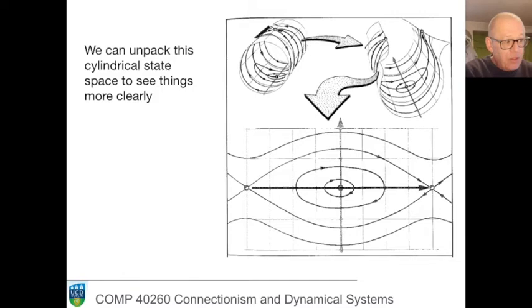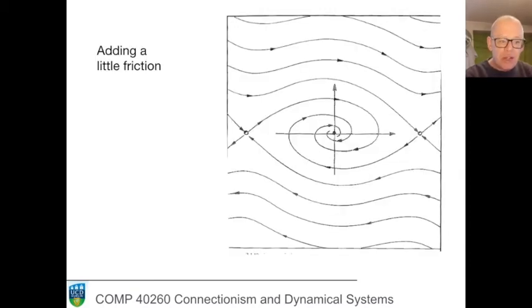This is not obviously a real system. What happens if we relax our idealizations just a little bit? Supposing we add just a little bit of friction. Well, here's the state space before friction, and here's the state space after friction. I want you to compare these two. They are obviously similar, but they are interestingly different.